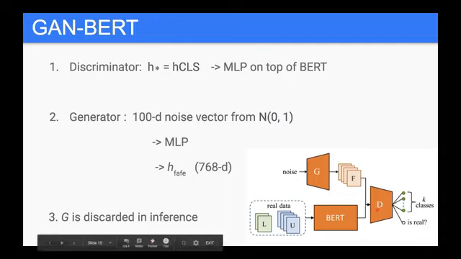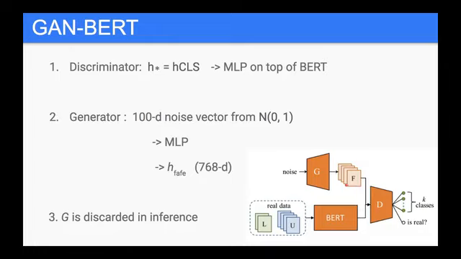And also, the discriminator takes the output from the generator as input. The generator also generates the fake hidden representation as it tries to mimic the hidden representation generated by BERT.